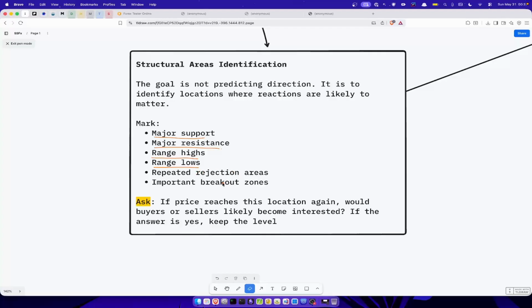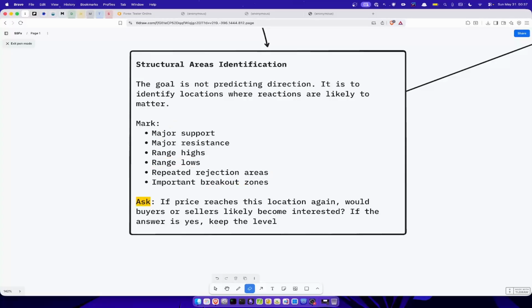Then you can also mark repeated rejection areas, as I did in the 1 hour time frame, and you can mark important breakout zones. How you determine breakout zones is up to your own definition, but in this case I'm just using a place where the market reacted before and we're anticipating that it might react again.